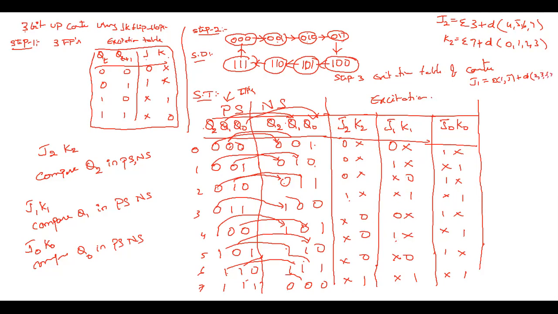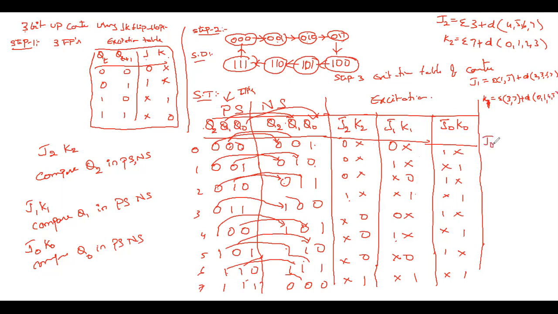Next for K1: sigmas are 3 and 7. Don't cares are 0, 1, 4, 5.